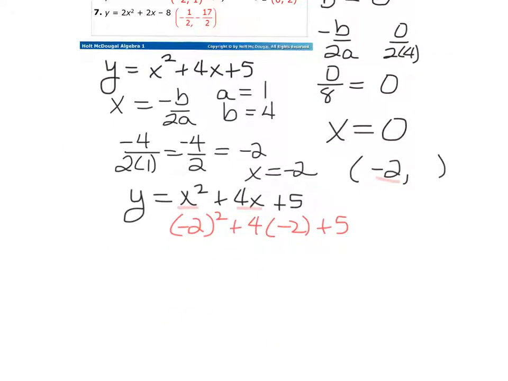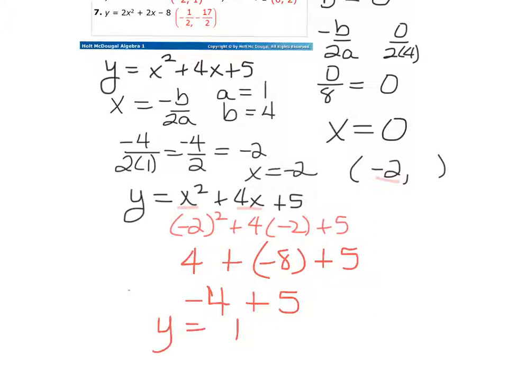And I'm going to follow PEMDAS here. Exponent first. I can multiply over here, and then I will work left to right. 4 plus -8 is -4. Drop down the plus 5, and my y value is 1. So now in my ordered pair, I put a 1 there. And that's how you find the vertex. Okay, good so far? So this start is just a review.